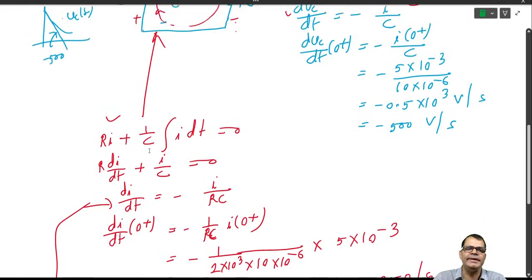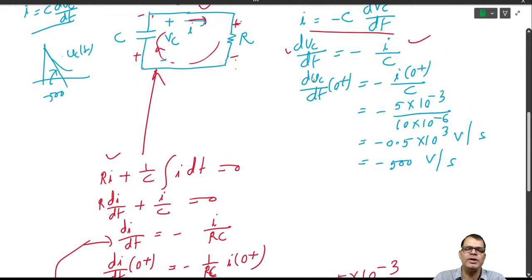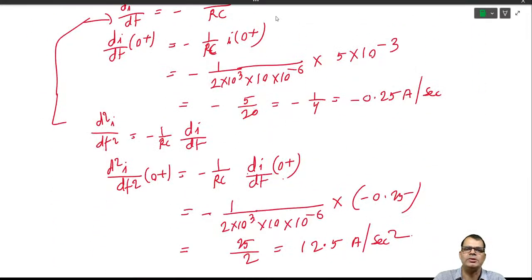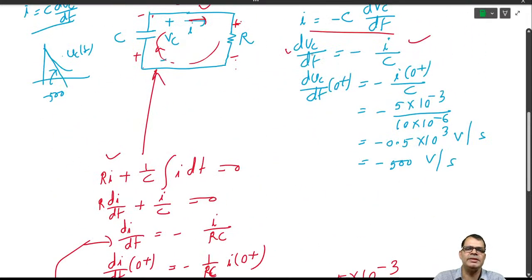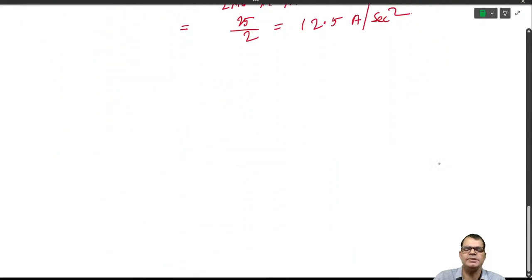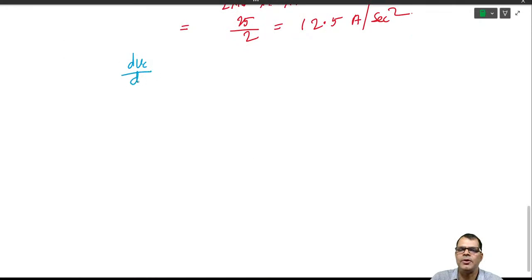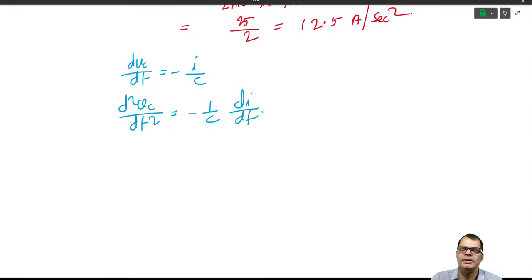Similarly, if you want to find d square Vc upon dt square at 0 plus, you can get that also. We know that dVc upon dt is equal to minus I upon C. Differentiating again, d square Vc upon dt square is minus 1 upon C di upon dt.